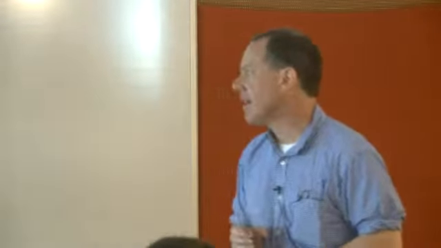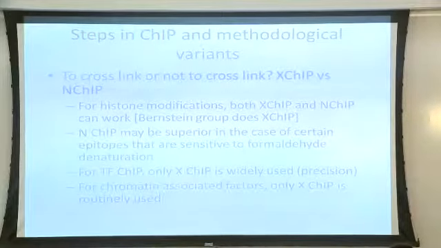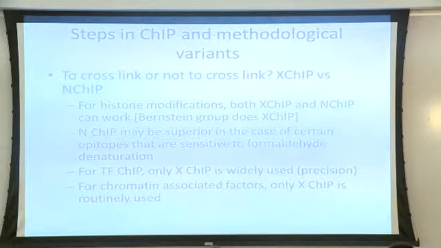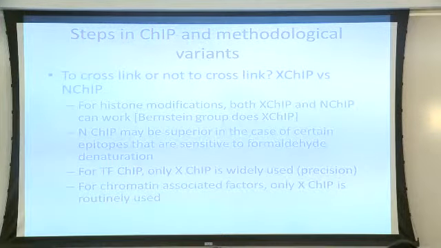You're looking at a region of the chromosome and asking whether it's associated with that modification or not, and it's only possible to make specific inferences about localization based on amassing a tremendous amount of data. And finally, for chromatin-associated factors, which we also do ChIP for, we only routinely use X-ChIP as well, even though we're not typically discovering specific DNA sequences where they localize.